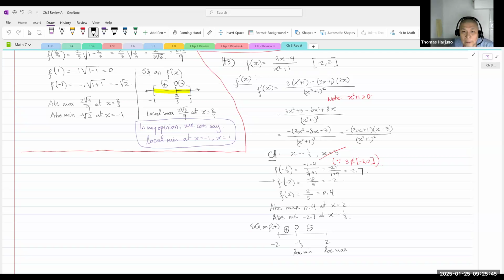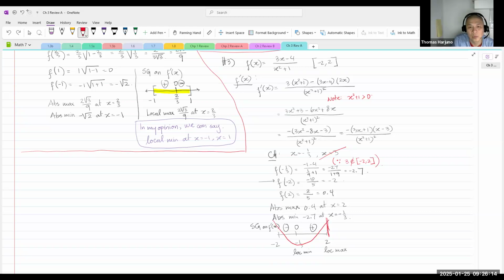Is it right? No, the other way around. It's positive here, negative here. So you see that the graph is decreasing and then later on increasing. Therefore, it must be a local maximum here, local minimum here, and local maximum at the endpoints.